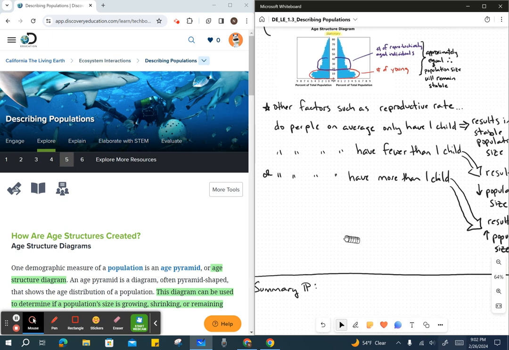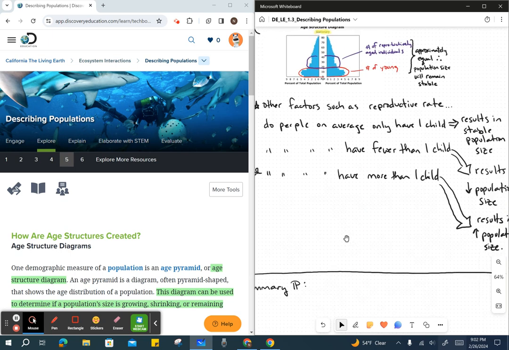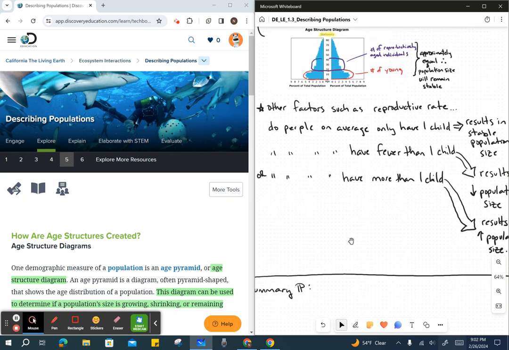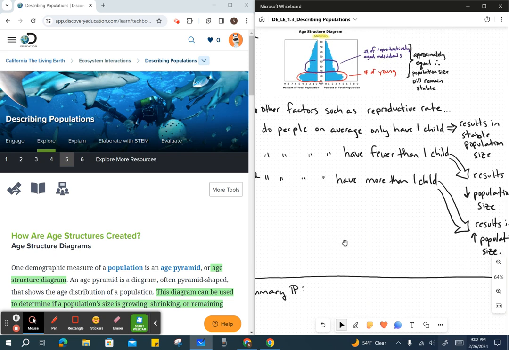Maybe you come from a family and you're an only child. Maybe you come from a family with more than one child. On average, how many kids does the average family have in America? If it is, in fact, one, then this will result in a stable population size.